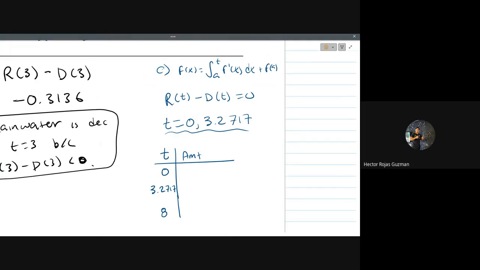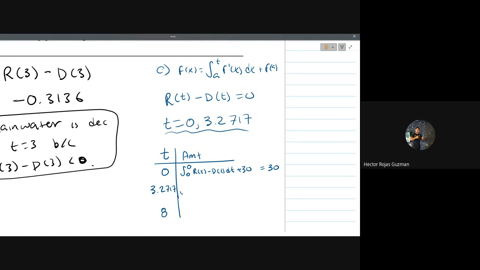For us, we should have the integral from 0, because that was the initial condition, to 0 of R of T minus D of T dt. Now you use the initial condition, which was 30. Plug it all in the calculator, and you get 30. That one we already knew. There was 30 cubic feet of water.